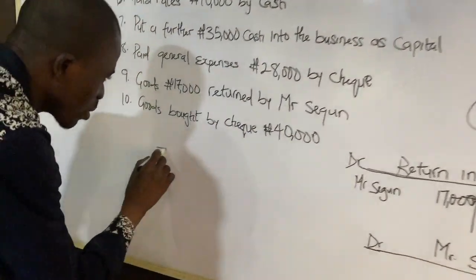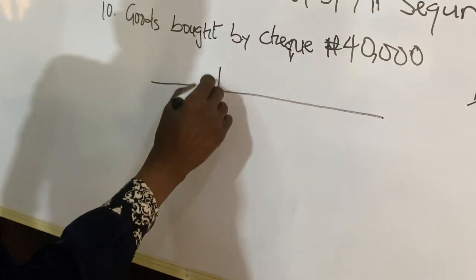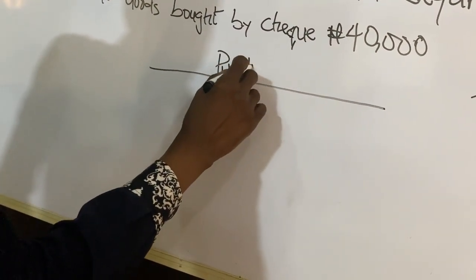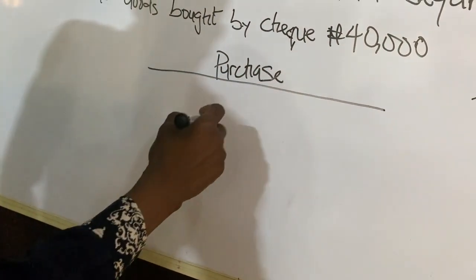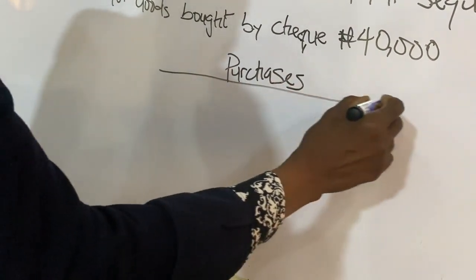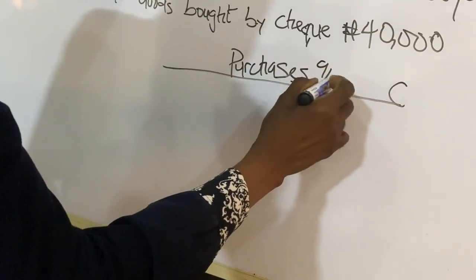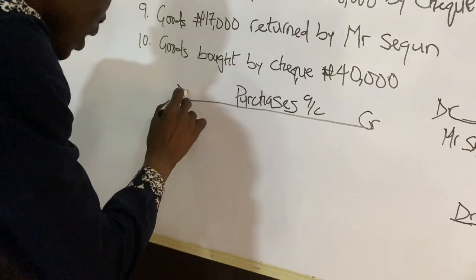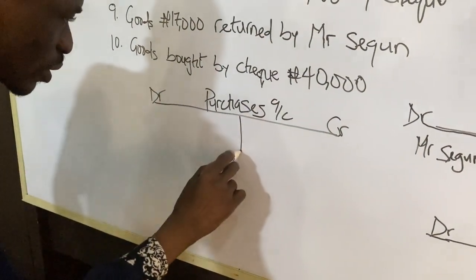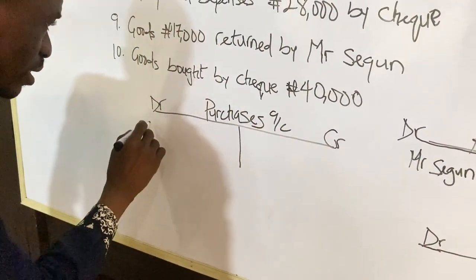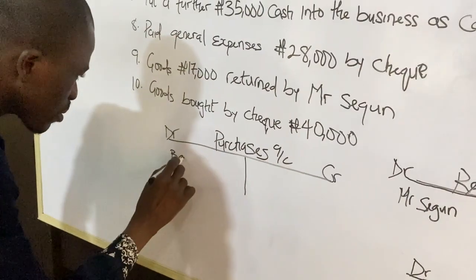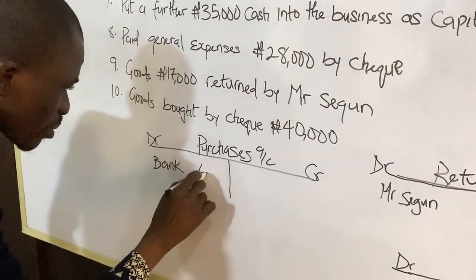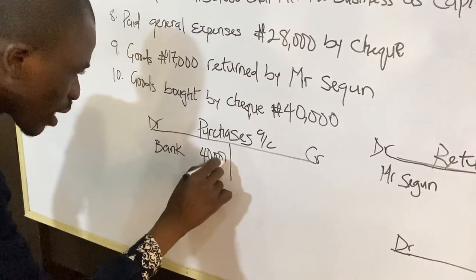So when you open a purchase account, the value of your purchase will increase because you bought some goods in addition to the other goods you have, so it has increased. Bank has reduced by 40,000 naira.